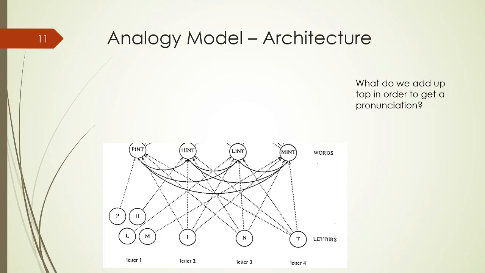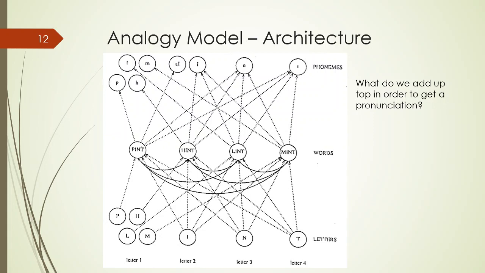So Glushko's answer, and the way that Kawamoto in 1994 has implemented this particular simulation, is that we have a layer of positionally bound phoneme nodes. And again, we're going to have phonemes at each of 4 positions.